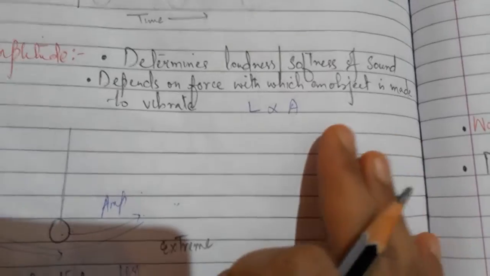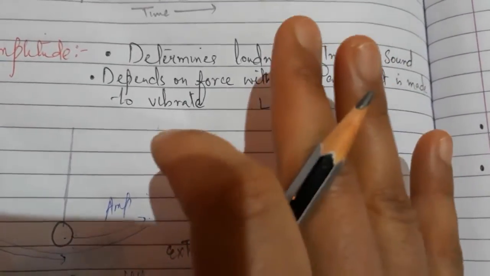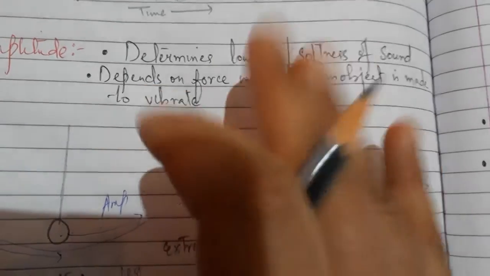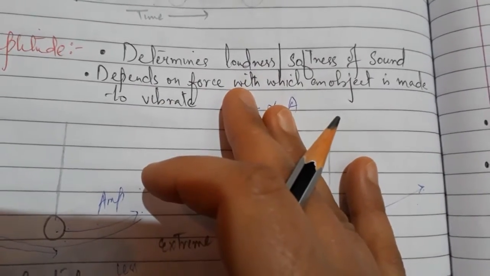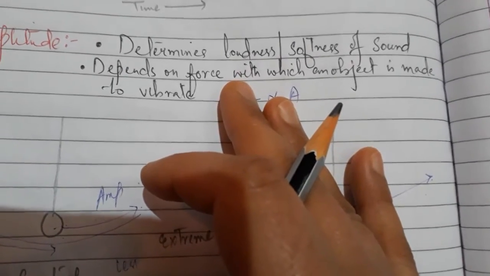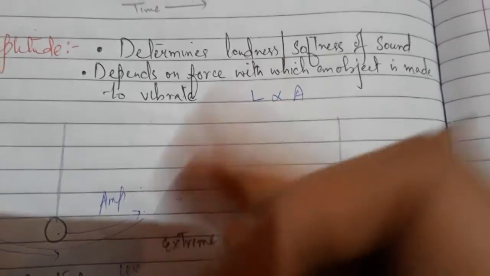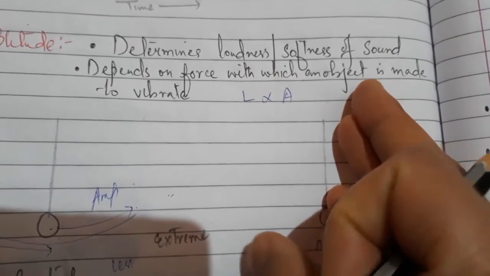So let's look at this example. In the first scenario, if you very gently tap the table or this notebook, what will happen? The sound produced is also going to be very less. In this case, the force applied is less, so the amplitude is less, and therefore the loudness is also less.